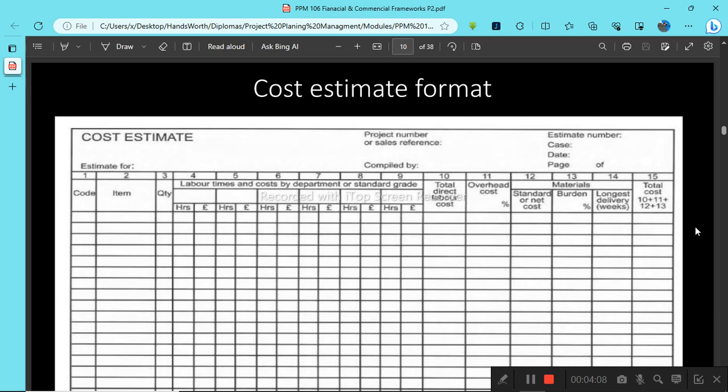So bottom-up, we start with the details of the individual activities, and then after we estimate those, we add them together so that we can get the total cost of the entire project.